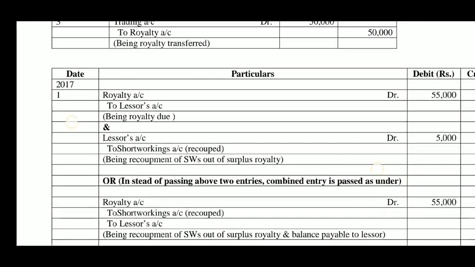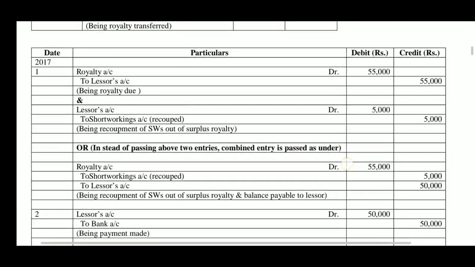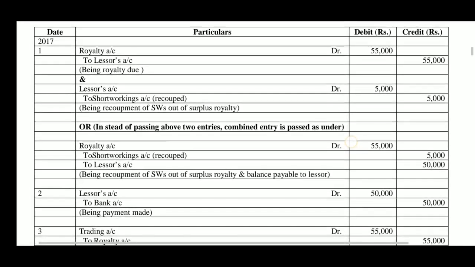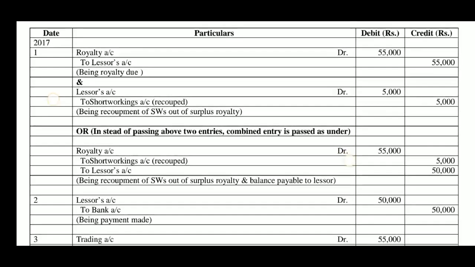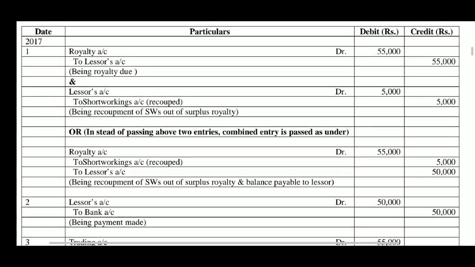Now, in the year 2017, since there is surplus royalty, there is surplus royalty of 5,000 rupees. As already explained in the royalty chart, 5,000 is the surplus royalty because minimum rent is 50,000, royalty is 55,000, then surplus royalty is rupees 5,000, which is utilized for the purpose of recoupment of short workings.